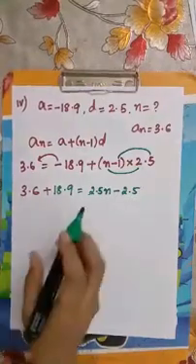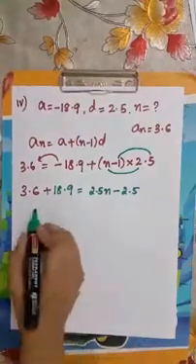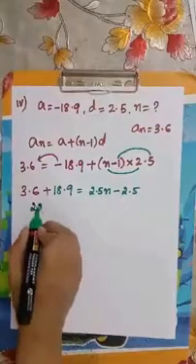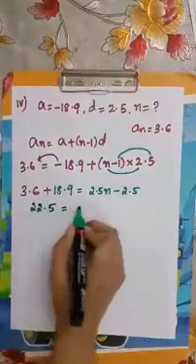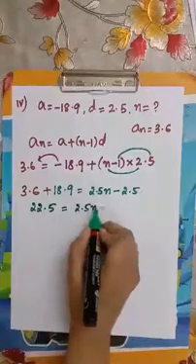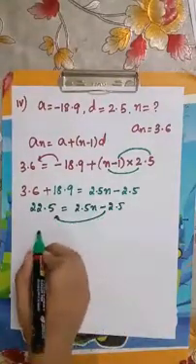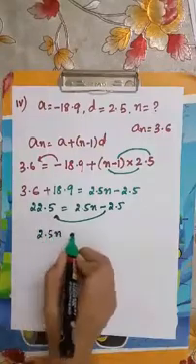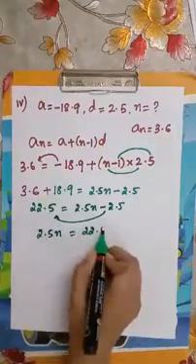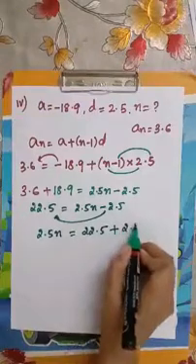So 3.6 plus 18.9 is 22.5 is equal to 2.5 into n minus 2.5. ये माइनस हम इधर लाते क्या हो जाता माँ? प्लस हो जाता. So 2.5 into n is equal to 22.5 plus 2.5.